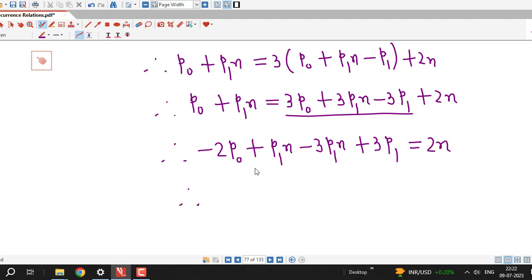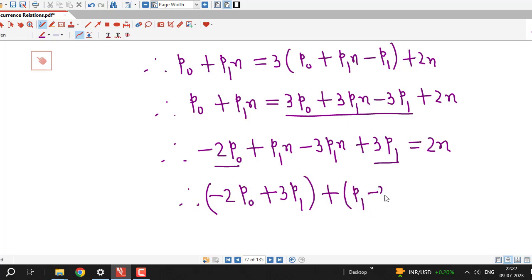And this I can rewrite as minus 2p0. I combine the terms which are independent of n. So minus 2p0 and 3p1 are independent of n, plus here if I take n common, I will have p1 minus 3p1.